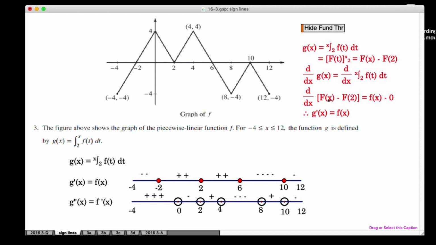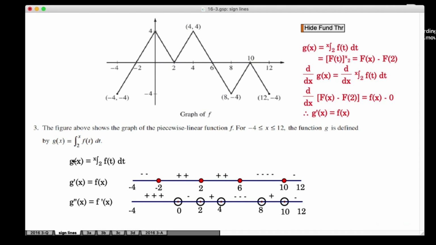So without going through all these motions here, g prime, the derivative of g, the derivative of an integral, by the way, you can sort of think of them as inverses. They're not pure inverses. But the derivative of an integral, this just drops out. You get f of x. Okay? So g prime is equal to f of x.